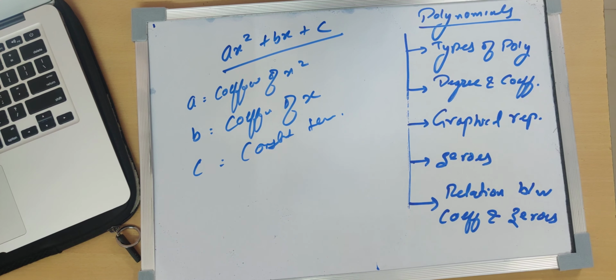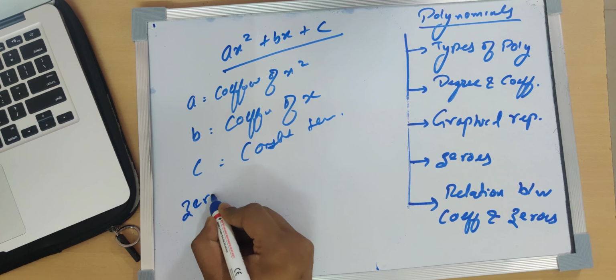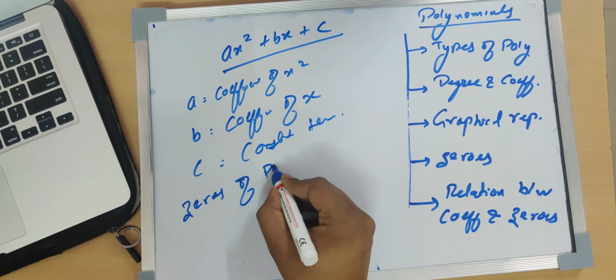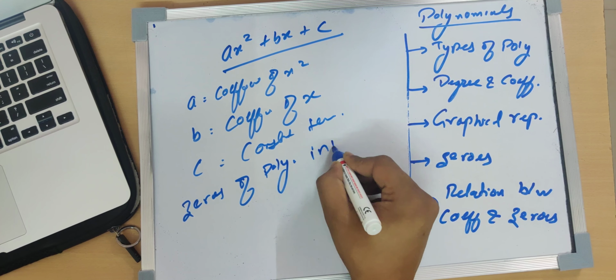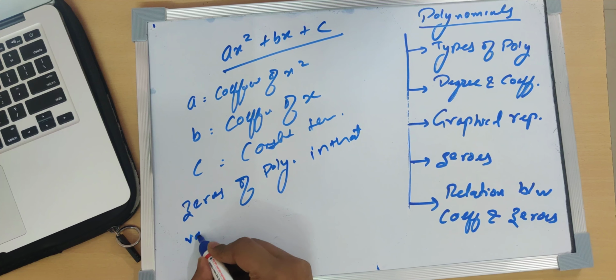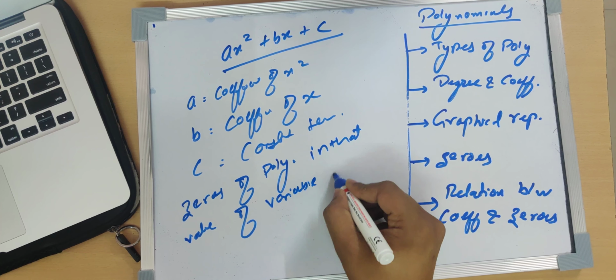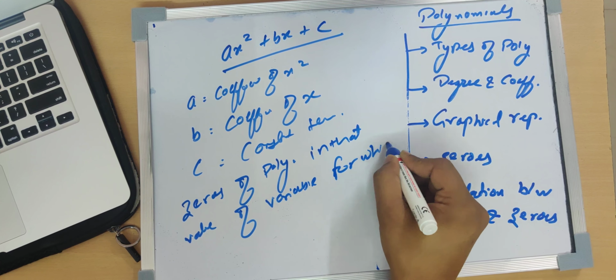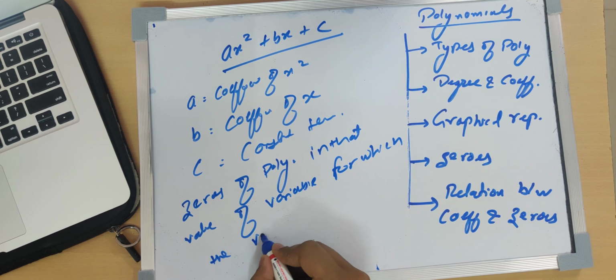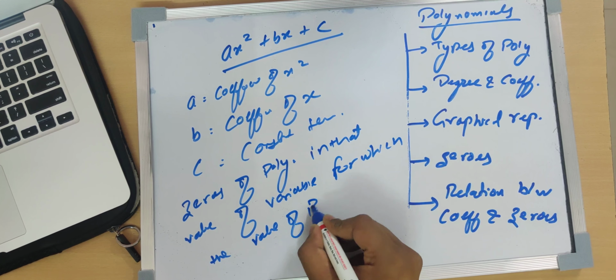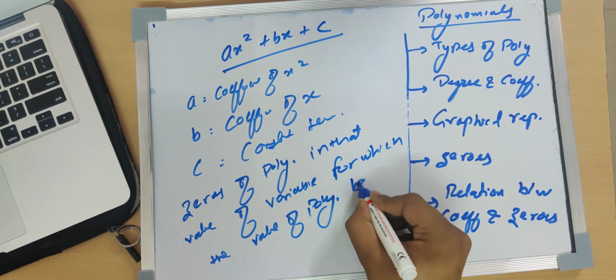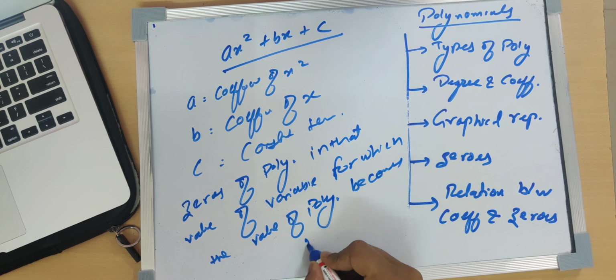Then the zeros. What are zeros actually? Zero of a polynomial is that value of the variable for which the value of the polynomial becomes 0. What do you mean by the value of the polynomial becoming 0?